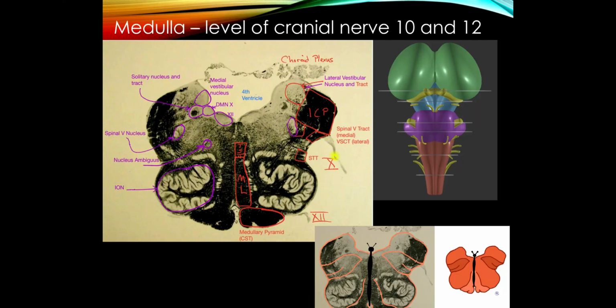Okay, so remember the vagus nerve, we've talked about importantly that the dorsal motor nucleus of the vagus, here labeled over here, and the solitary nucleus and tract, here we see the solitary nucleus and tract, that both of these have a very important contribution here to the vagus nerve.